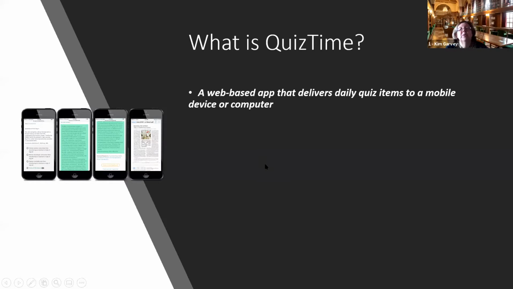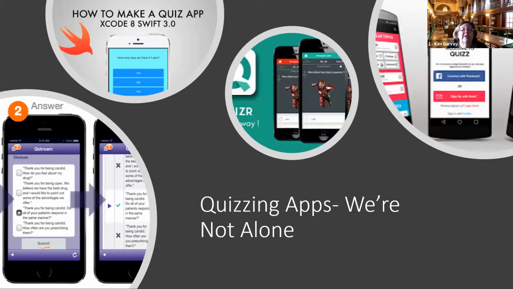So what is QuizTime? It's basically a web-based app that gives you a daily question to your mobile phone or computer. There are other quizzing apps out there. That's not like we have a copyright on quizzing. We're not the only ones that have developed something like this.